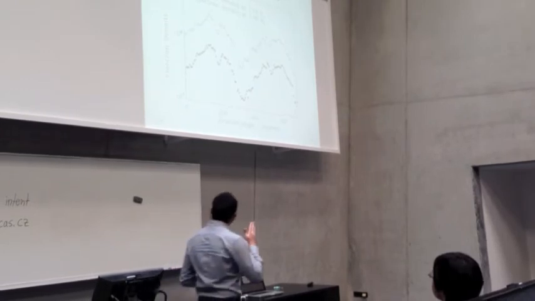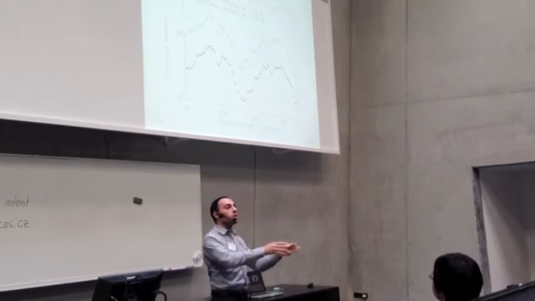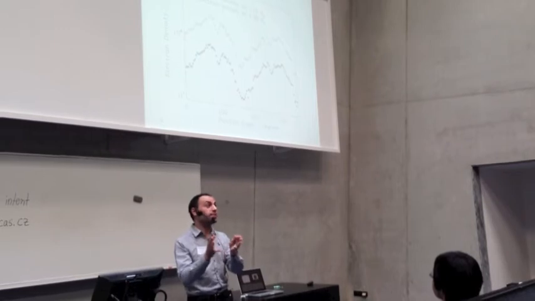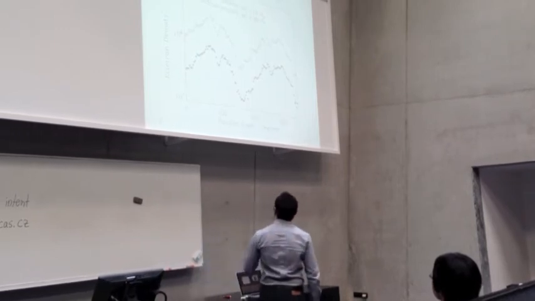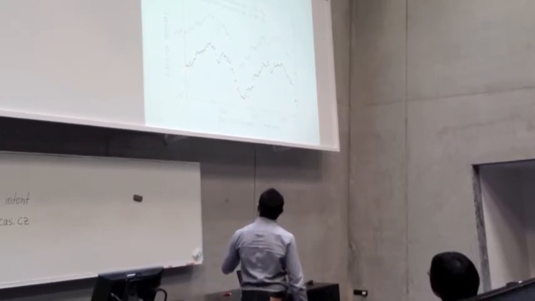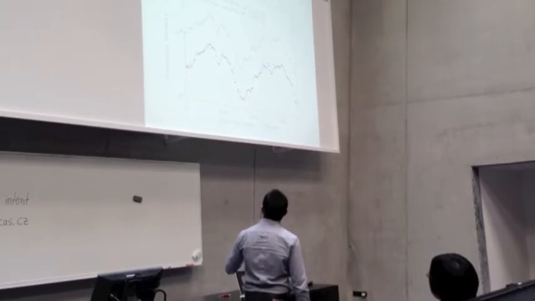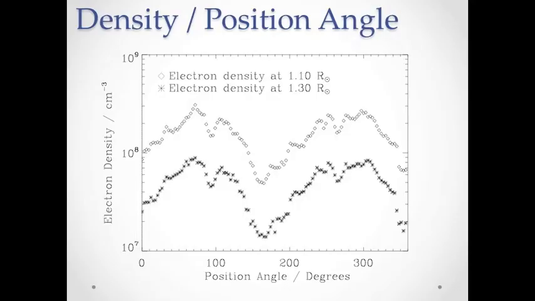So in this case, when we observe the type 2 radio bursts, we produce that map to observe that day. This is just an example of how the density varies with position angle. We have coronal holes in the order of 1, 2, 3 times 10 to the 7 electrons at 1.1 solar radii, and it decreases fast here to just 10 to the 7 at 1.3.